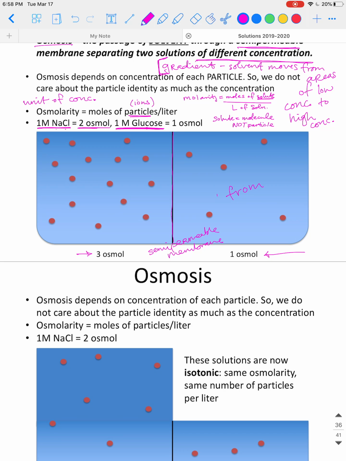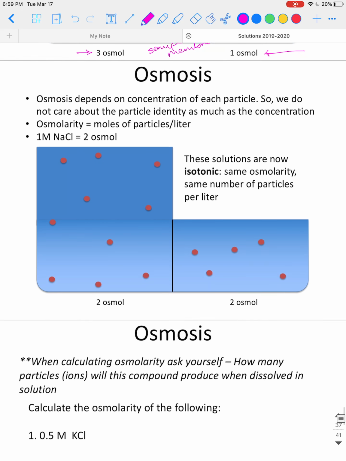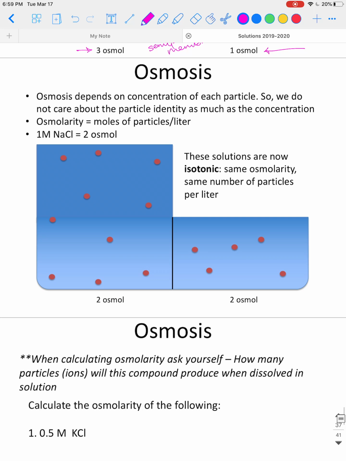So it's going to move from this side to this side. Okay, look, from the side of low concentration to the side of high concentration. Okay, because it's got to dilute the high concentration. The red spheres cannot move. They're the particles. It's only the water, the solvent, that can move. Okay.